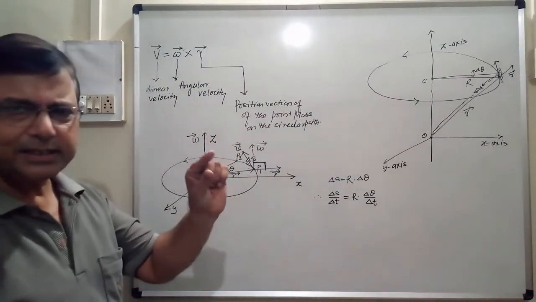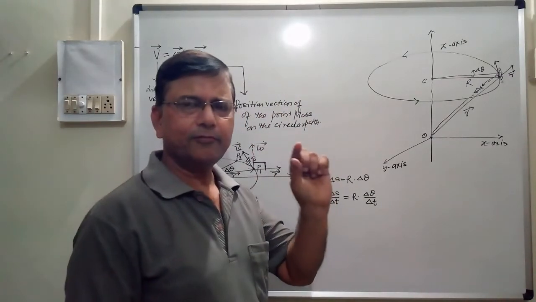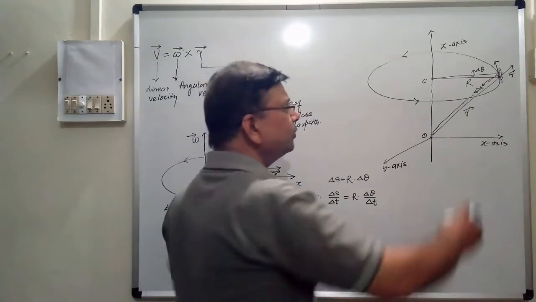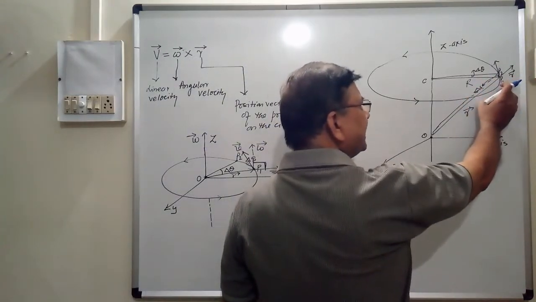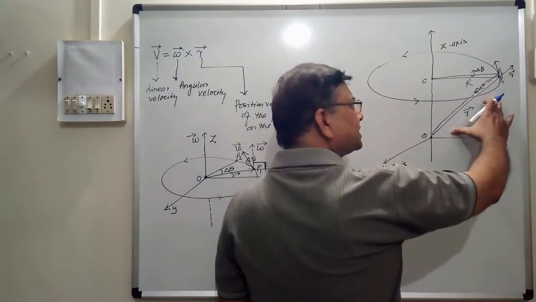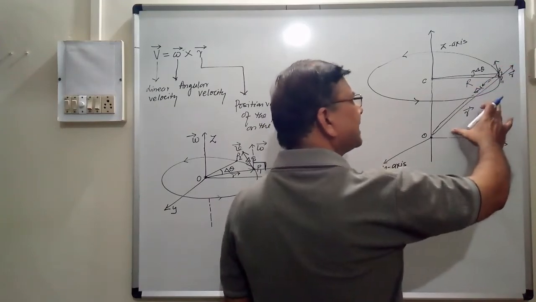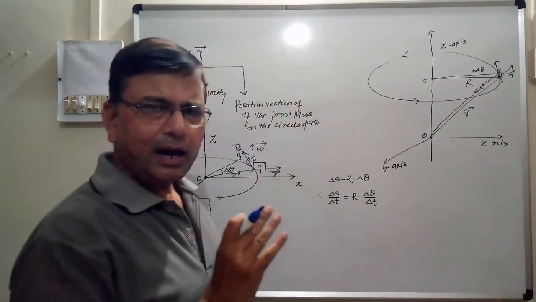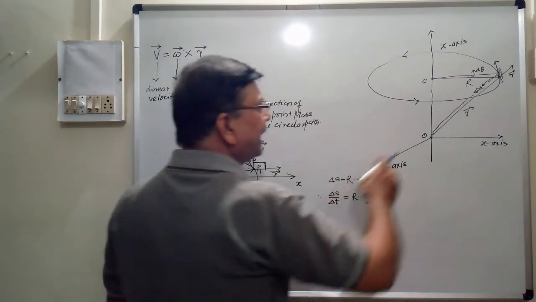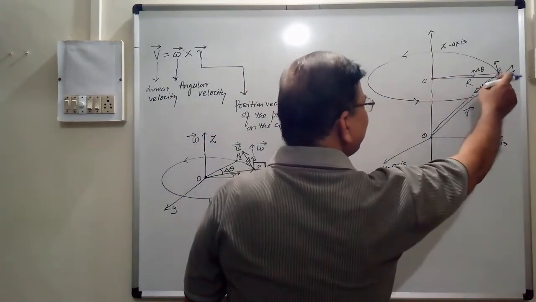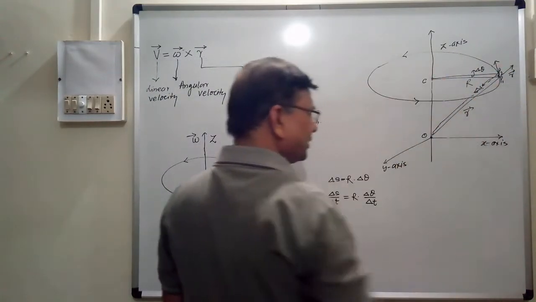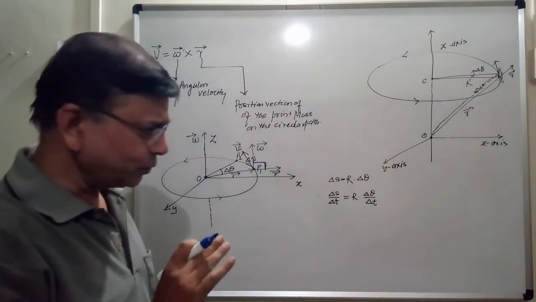If this delta t is very, very small, the new position P2 will be very close to P1, means the position vector of P2 will be same as that of small r vector, right? And this r will remain same because the radius of the circular path capital R is not going to change.